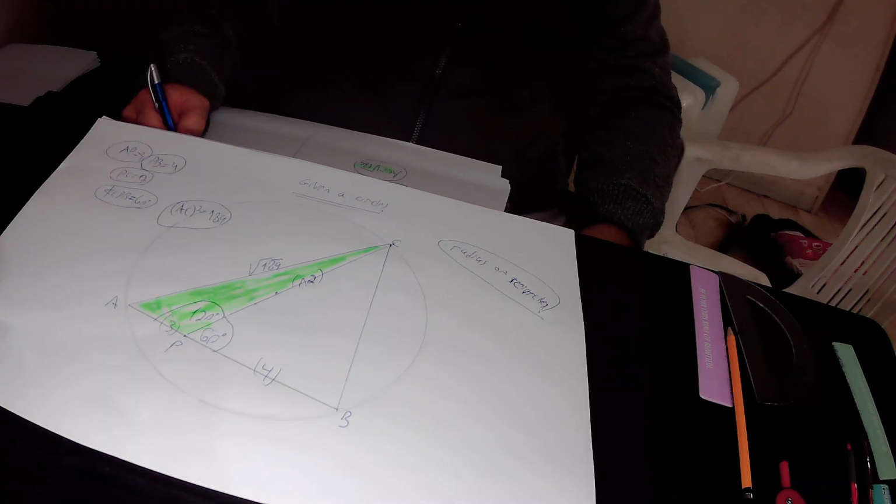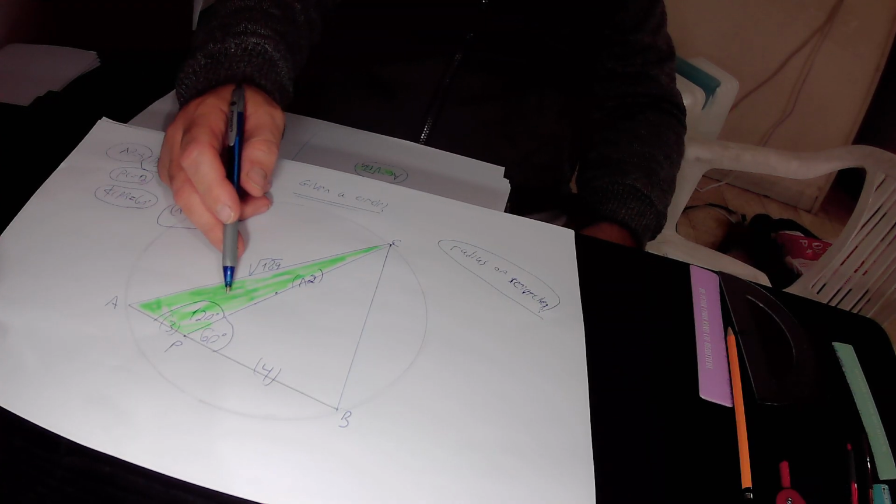So we choose angle theta as this angle CPB, that equals 60 degrees.